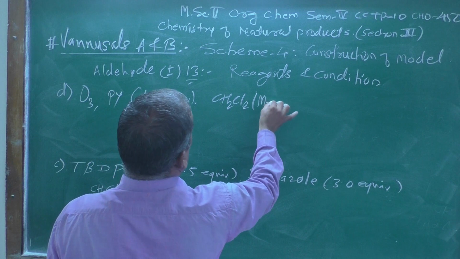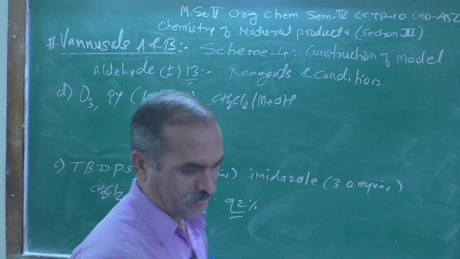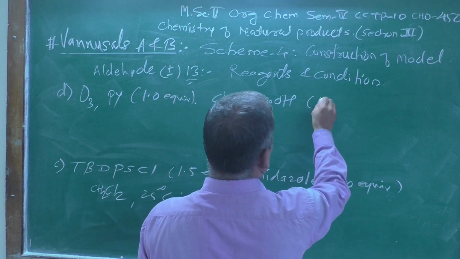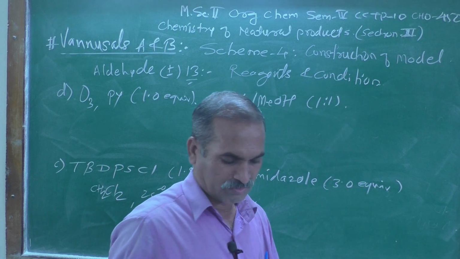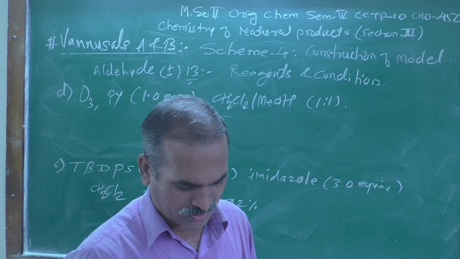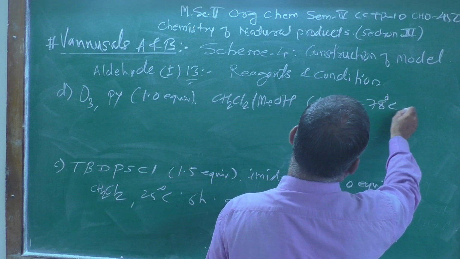CH2Cl2 is DCM, dichloromethane, and methanol in 1:1 proportion, equal proportion, taken over there, and the temperature is -78 degrees centigrade.